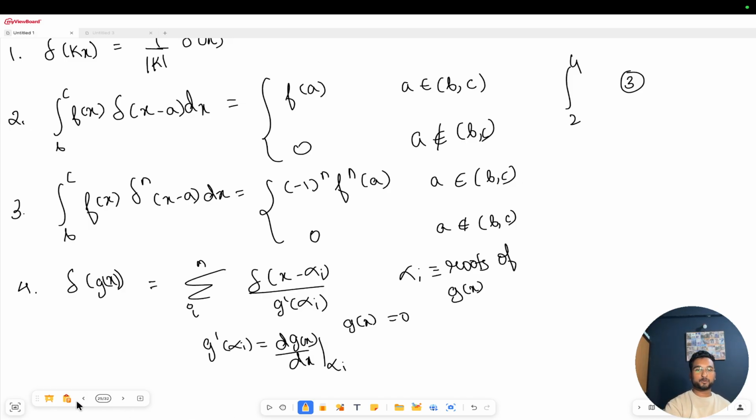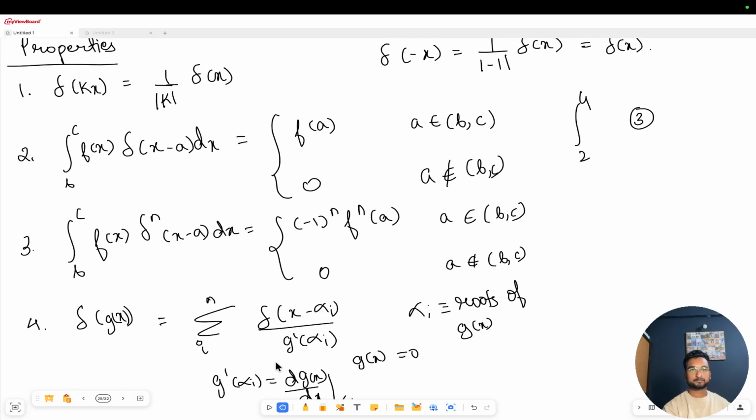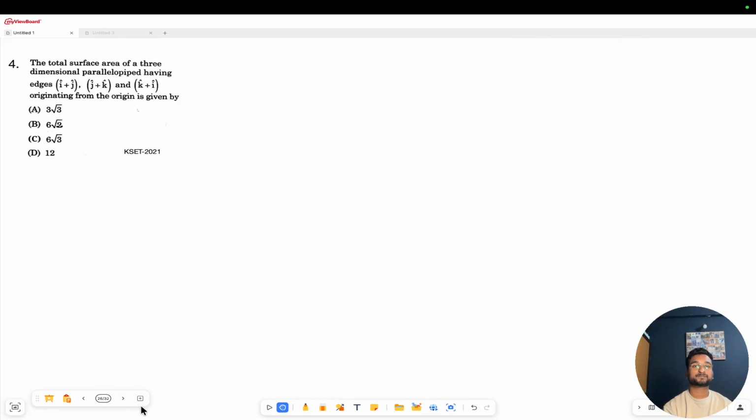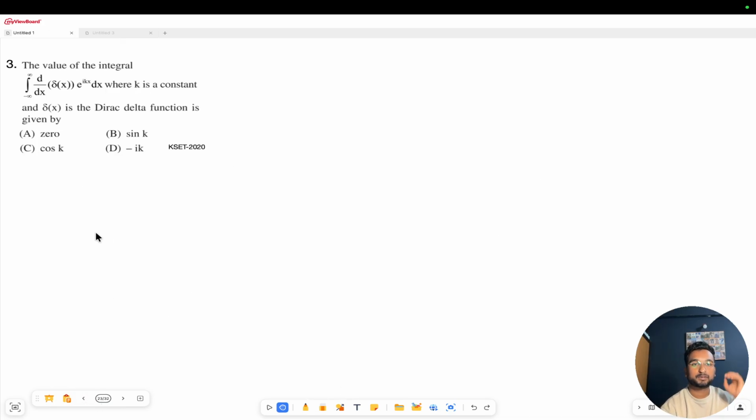Okay, so these are the properties of the Dirac delta function. Let us move to the questions. Where is this question? This was one question, the value of the integral.